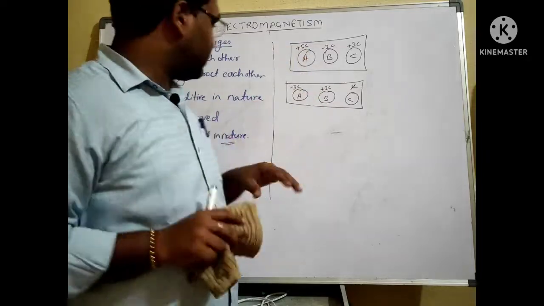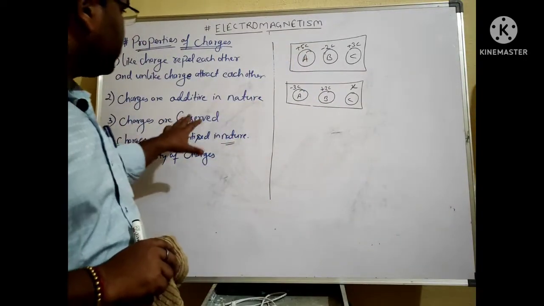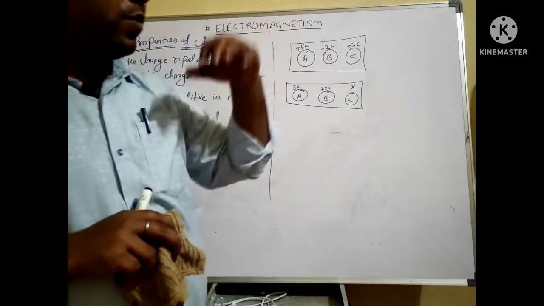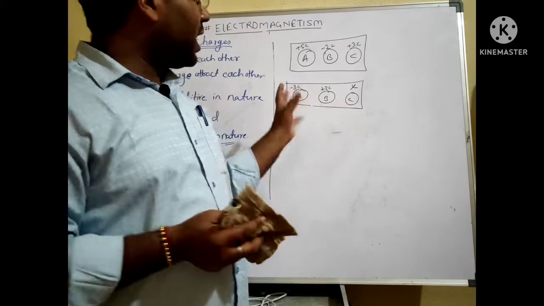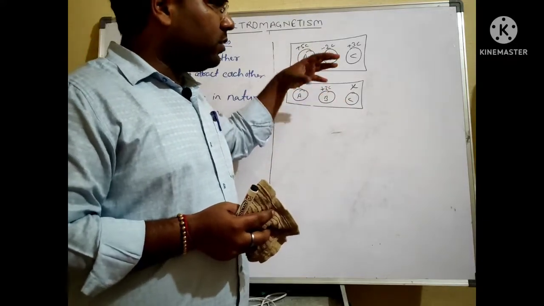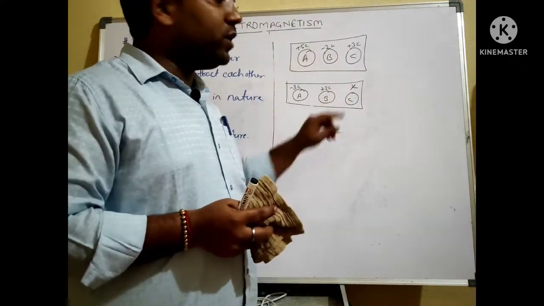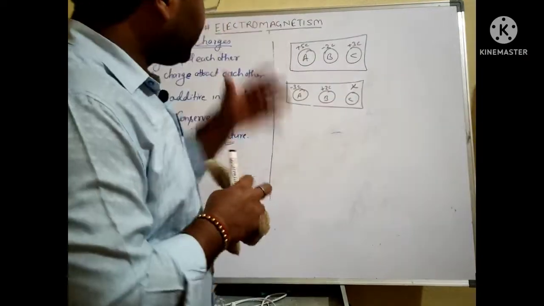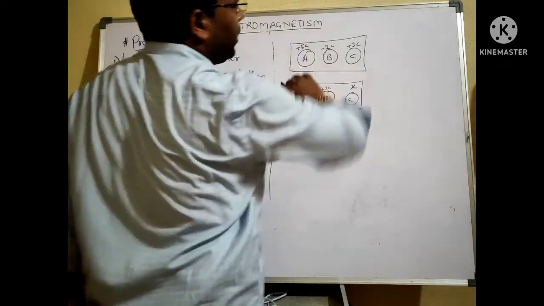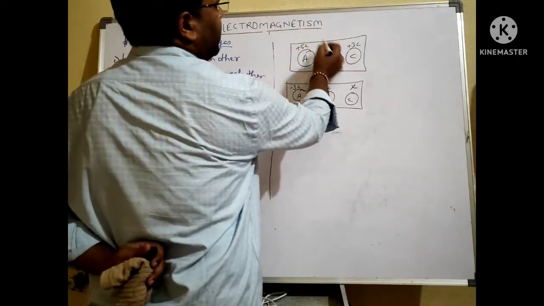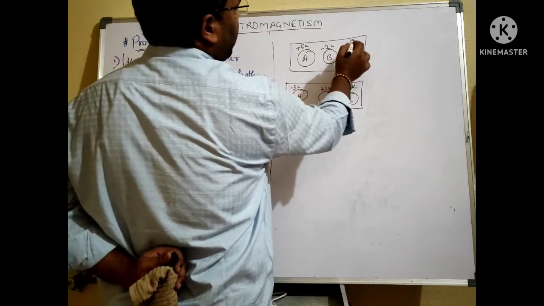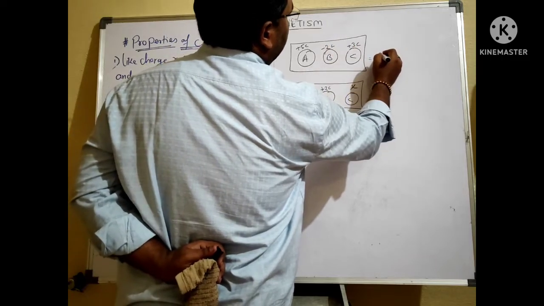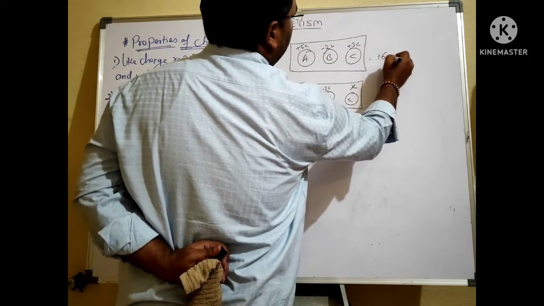So we have to understand it. Charges are conserved. In the isolated system, charge can neither escape nor enter. It means charge will be transferred from one object to another within this limit, that is, the isolated system. So initially it is 5 plus 3 minus 2, it becomes 8 minus 2, that is 6 coulomb.